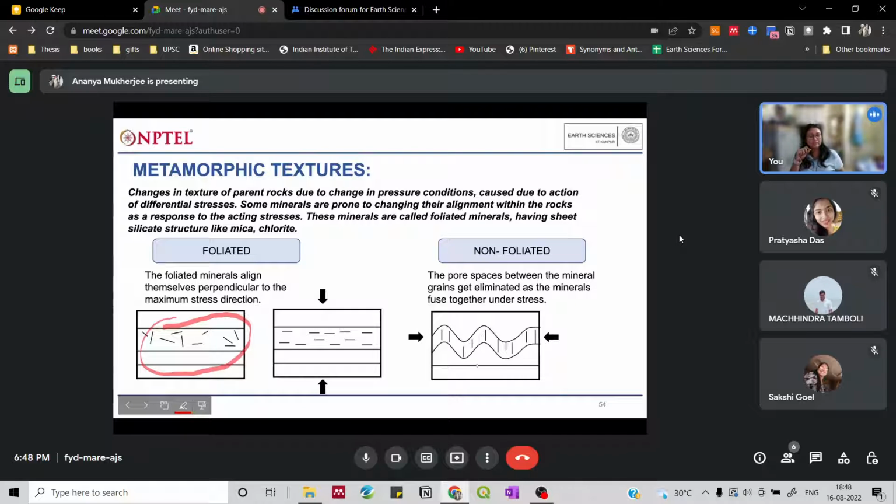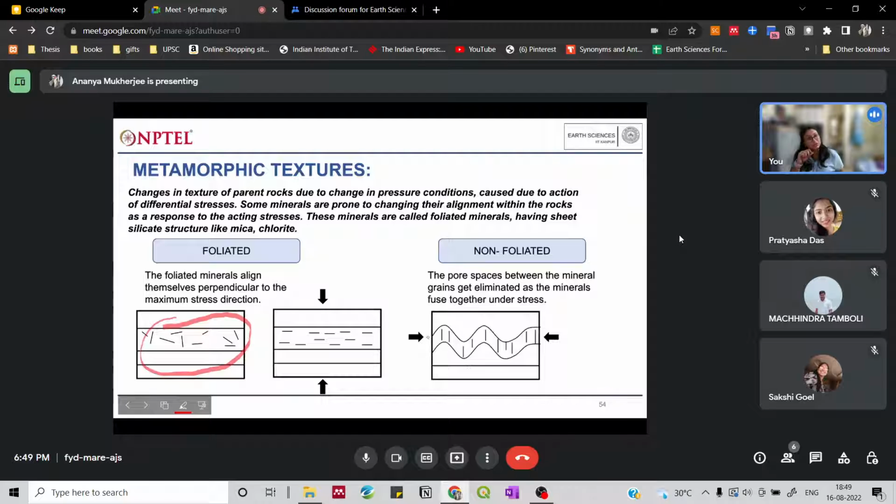Similarly, if there is horizontal compression, these randomly oriented minerals would orient themselves perpendicular to the horizontal stresses, so you will have vertical foliation.